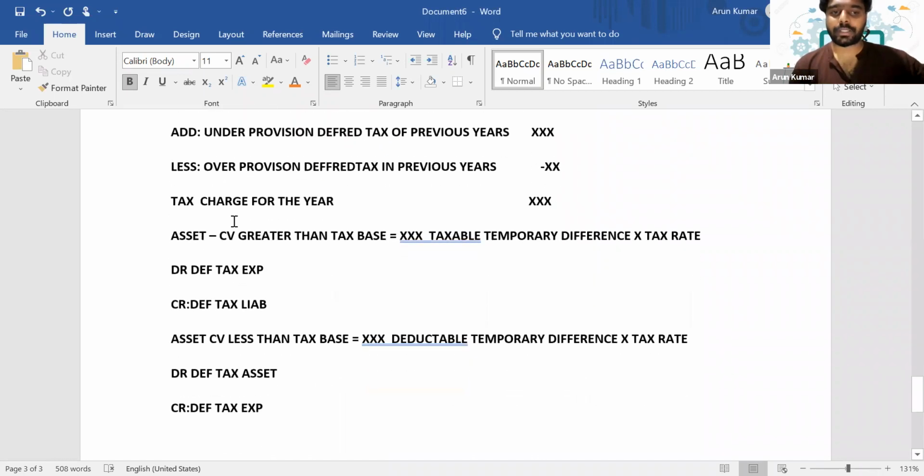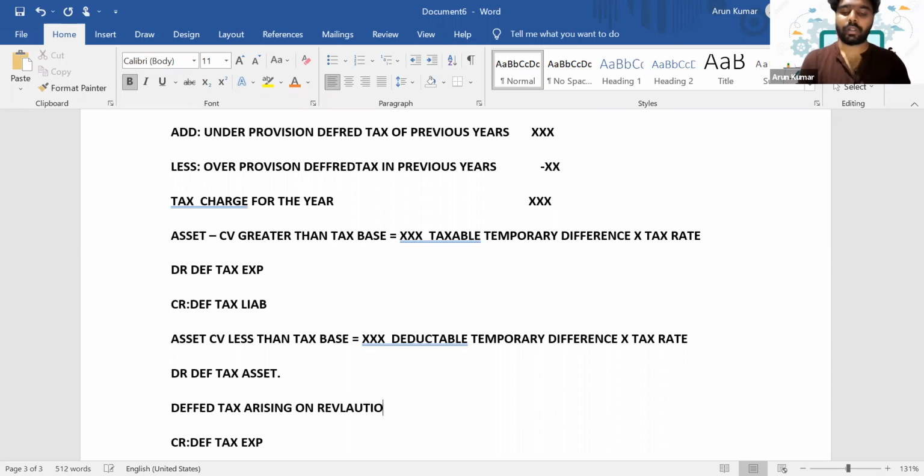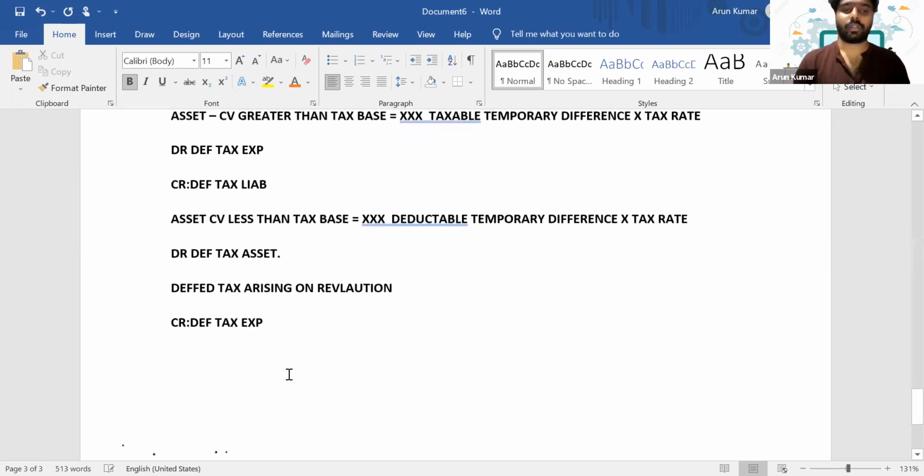With respect to asset, if the carrying value is greater than tax base, then it's a taxable temporary difference. If the carrying value is less than tax base, then it's a deductible temporary difference. And there can be a situation with respect to deferred tax arising on revaluation. So what happens when there is revaluation?